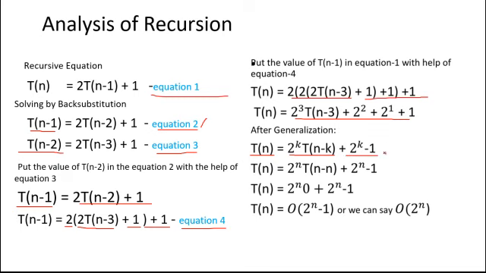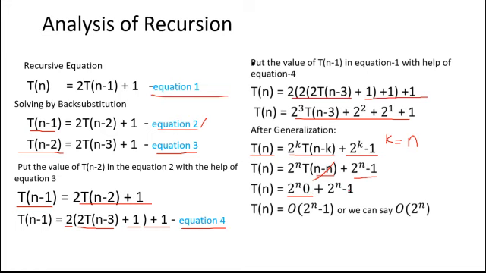So let us assume that k is equal to n. So substitute k with n. We have 2 raised to n T of n minus n plus 2 raised to n minus 1. So we have n minus n is 0, so we have here 2 raised to n times 0 is 0 plus 2 raised to n minus 1.